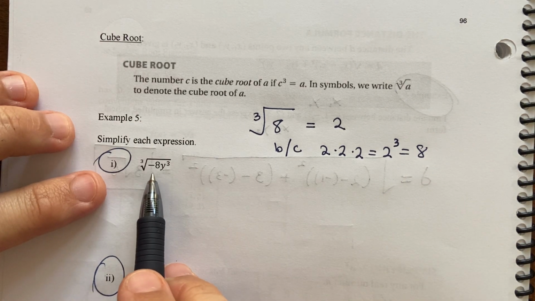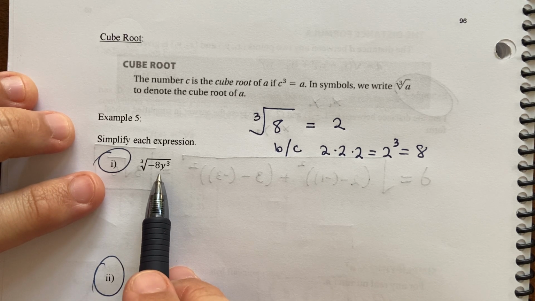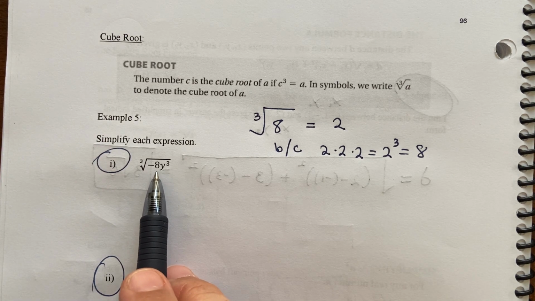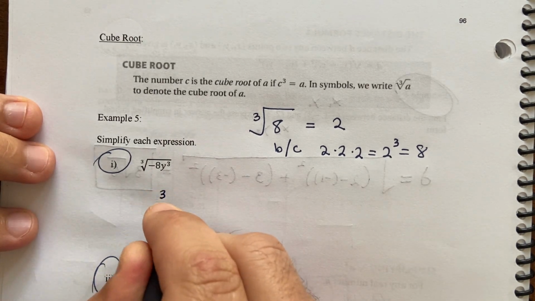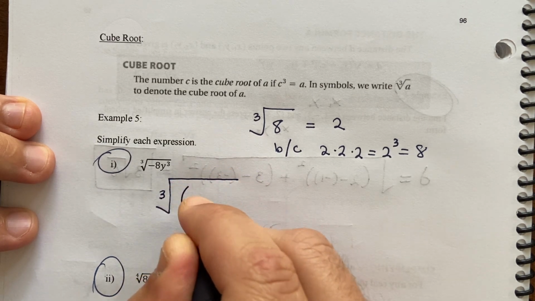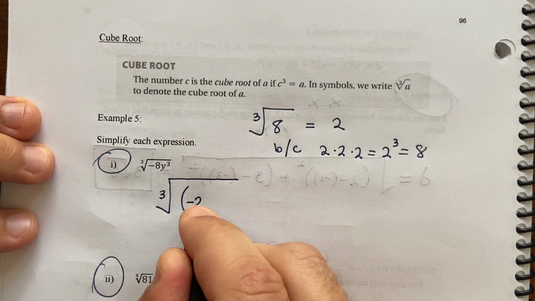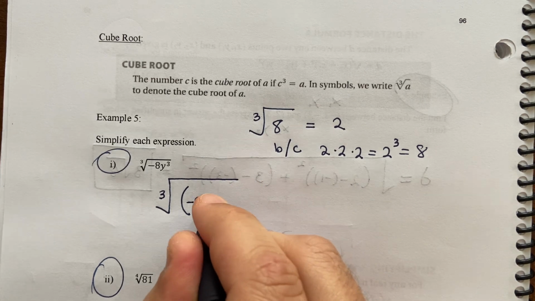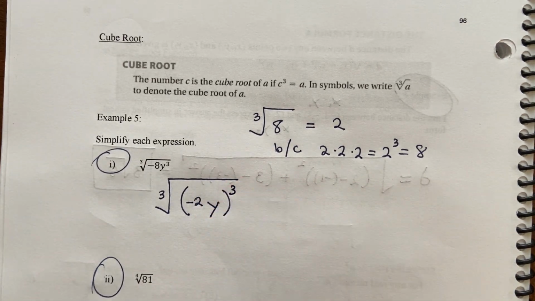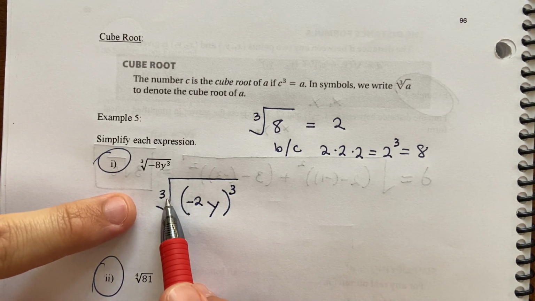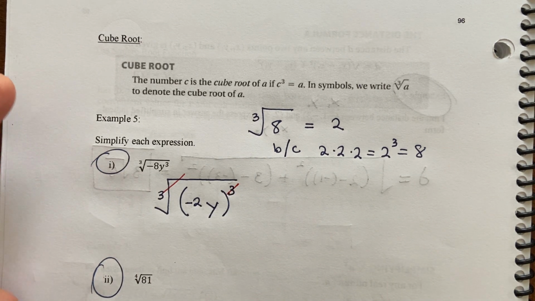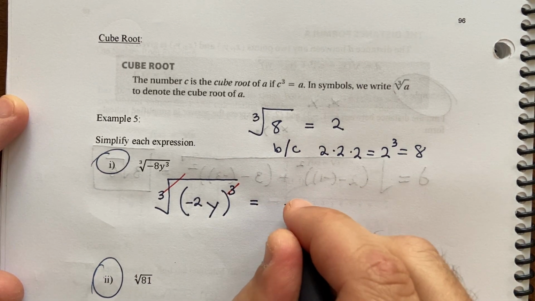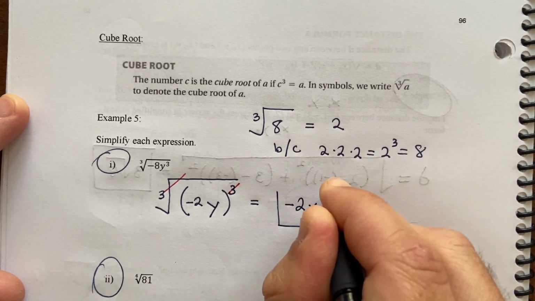So what we're doing here is looking for something times itself 3 times that equals negative 8y cubed. To make a negative 8, I can use a negative 2. To make a y cubed, I'll use a y, and then I'll cube outside. When I have the cube root of something cubed, those operations exactly undo one another. So we would have just negative 2y, which is the cube root of this.